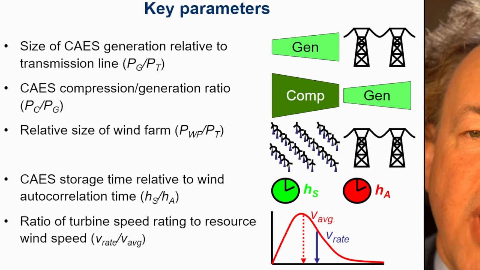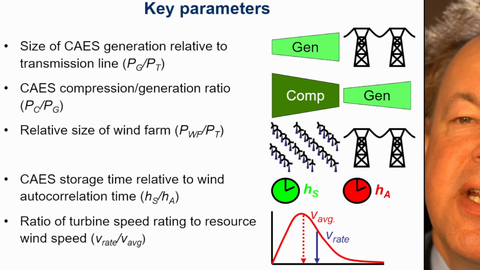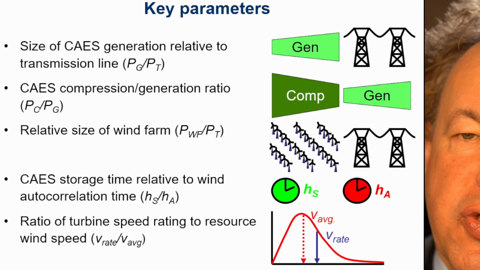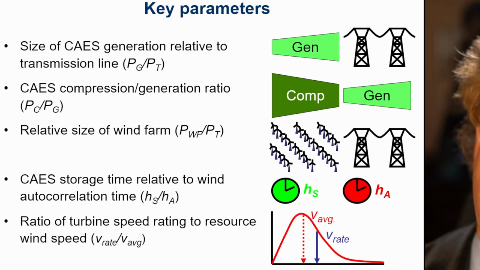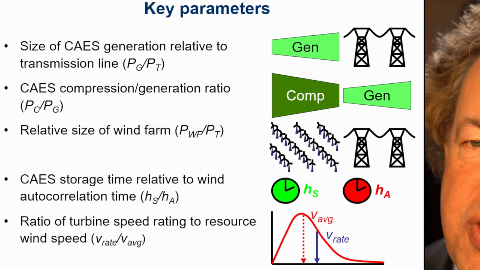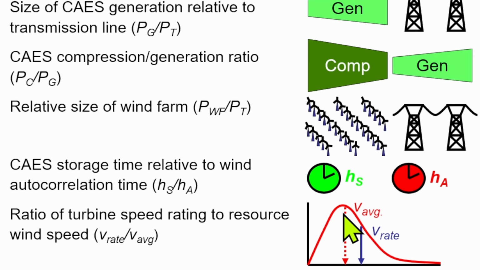Then the ratio of turbine speed rating to resource wind speed. So it's the rated speed relative to the average wind speed. You know from the lecture about wind turbines, we have here a typical distribution, for example, a Rayleigh or a Weibull distribution. You have the average wind speed, and here you have the rated wind speed.